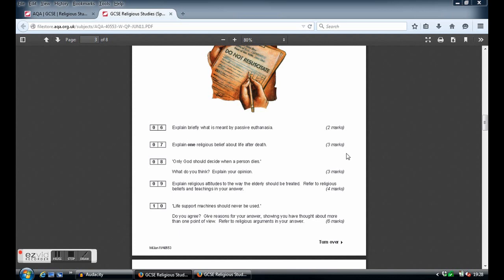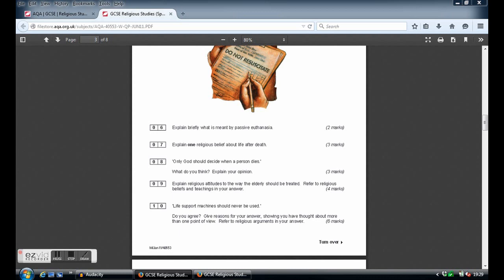So I would, if I were you, just stick to the Christian belief about life after death, and just get 3 marks by saying that Christians believe that after you die there is a judgment. God will let you into heaven if you've repented for your sins and lived a good life, or if you haven't and you've been really horrible, he might instead leave you to go to hell, like a horrible fiery place with a red bloke who beats you up and stuff.